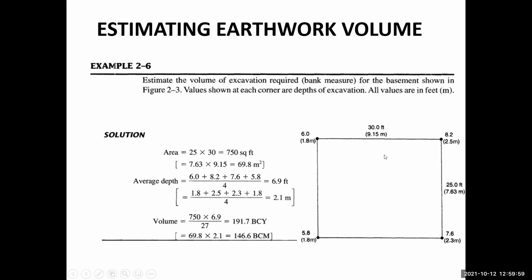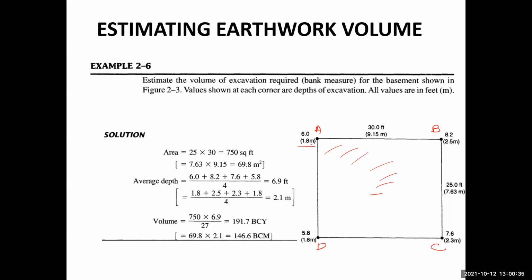So in this very simple case, we need to excavate this area A, B, C, D. But as of now, we only have this information: at A, we need 1.8 meter depth.